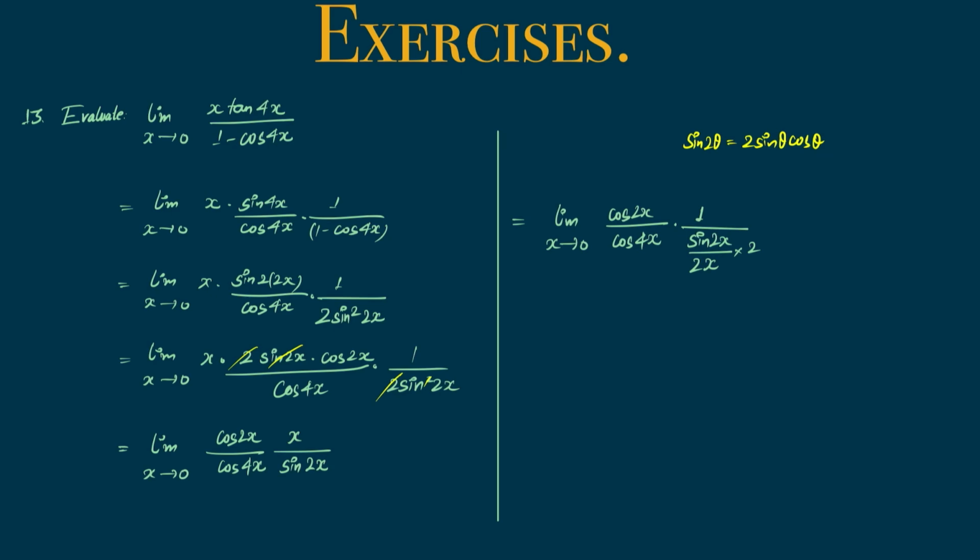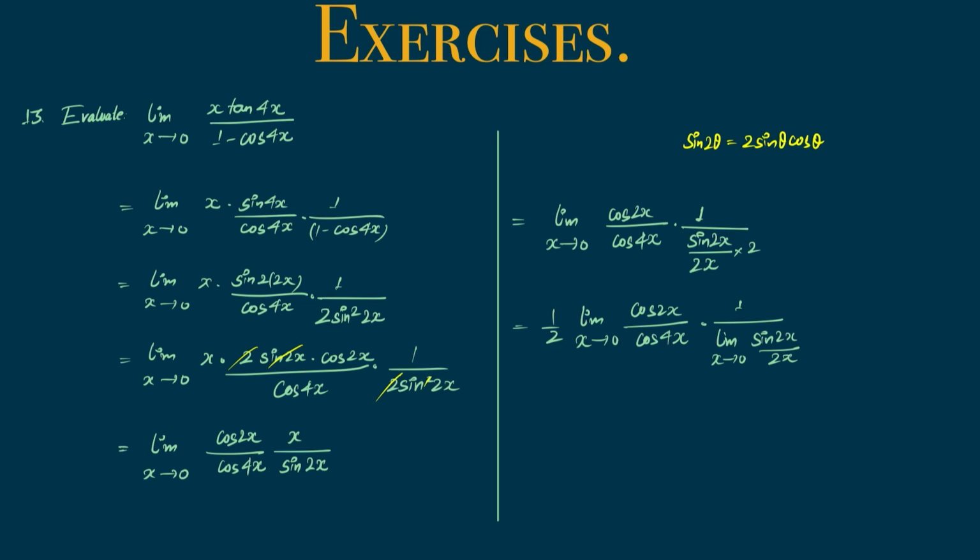Now this 1 by 2 is constant, so I will write it in front of the limit. It will be equal to 1 by 2 limit x tends to 0 of cos of 2x by cos of 4x into, let me distribute the limit also here, so it will be 1 by limit x tends to 0 of sine 2x by 2x.